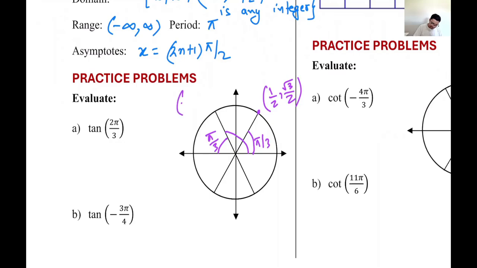But you are on the negative x side. So negative 1 over 2, root 3 over 2. So your tangent of 2 pi over 3 will be y over x, root 3 over 2 divided by negative 1 over 2. It's negative.